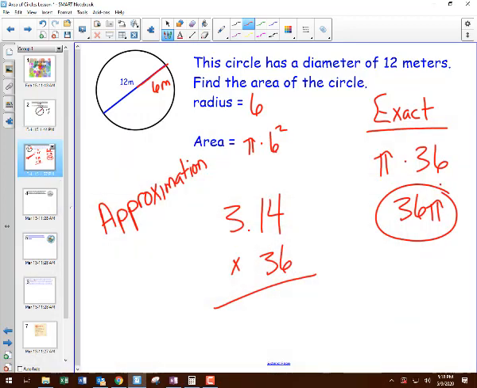We work that out, and we should get 113.04 meters squared. Okay, remember we're finding area, so we have to label correctly on this unit. A lot of times they will tell you to round. I don't see it in this one, so we'll just leave our answer just like that. Square meters is what our label is there.